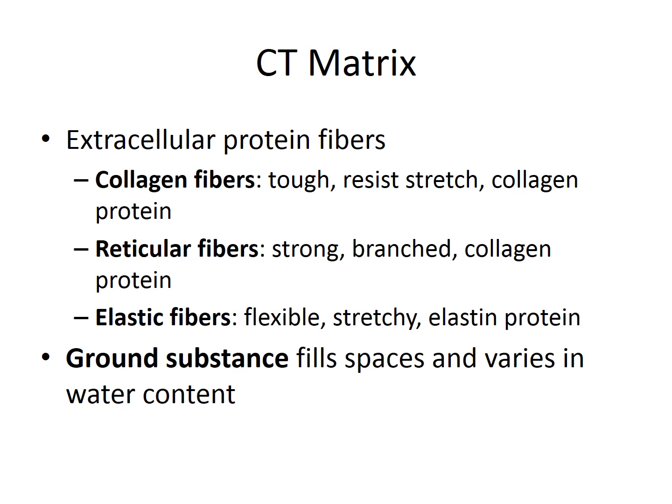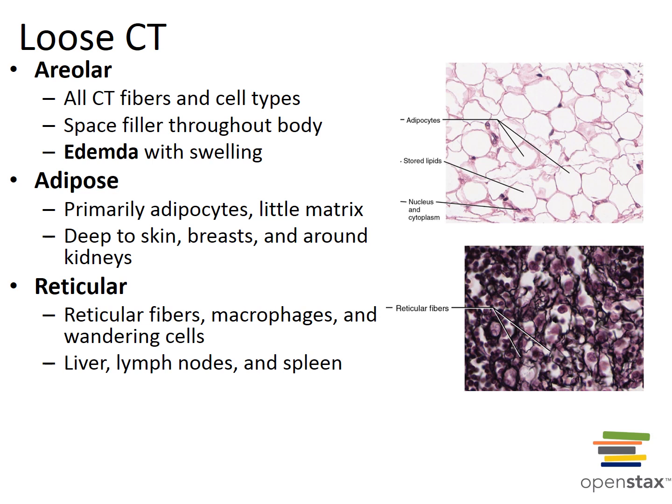And again, the matrix of connective tissue can consist of the three fiber types as shown here: collagen, reticular, and elastic. And here are the different types of connective tissue that we just went through. Again, for each, you should be able to identify a description of the tissue, its function, and body location.